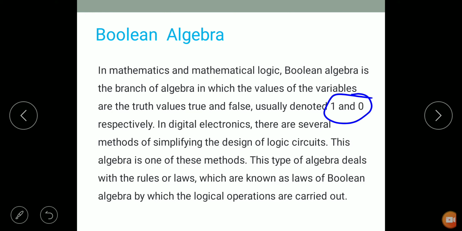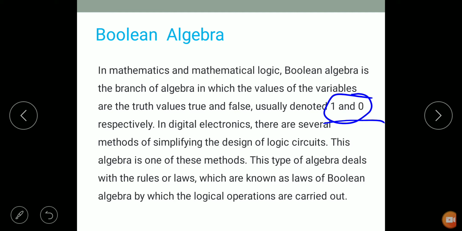Also, there are no fractions, negative numbers, squares, square roots, logarithms, imaginary numbers, etc. The third and most important point is that Boolean algebra allows only two possible values, that is 1 and 0, for any variable.